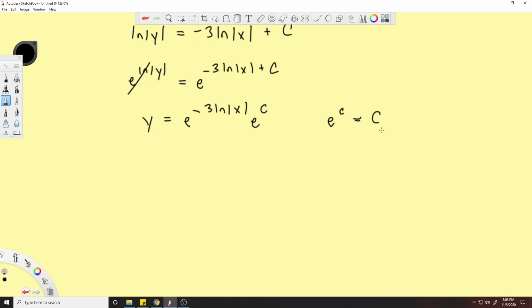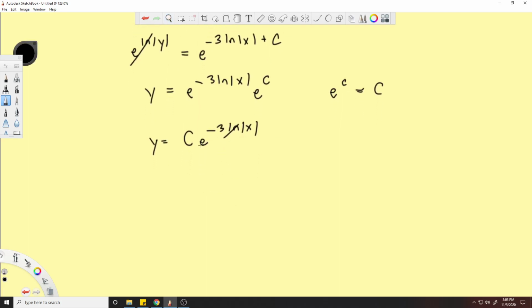So now we have y is c e to the negative 3 ln x, and you can cancel these, and it'll leave you with c x to the negative 3, essentially. Then y is equal to c over x cubed.